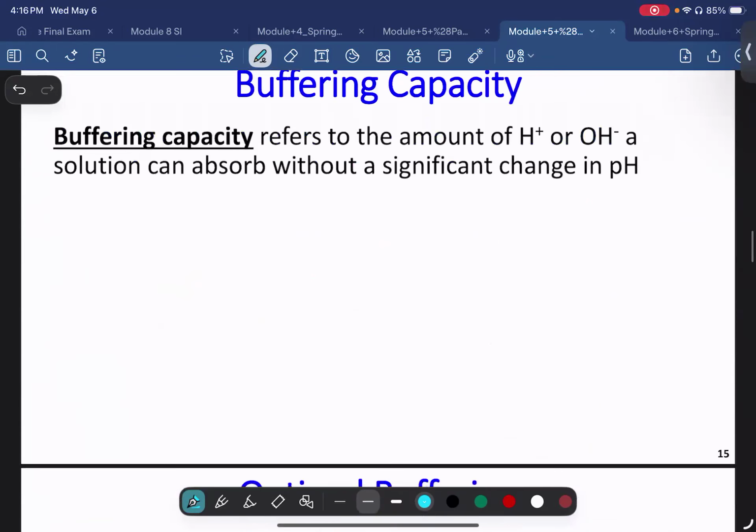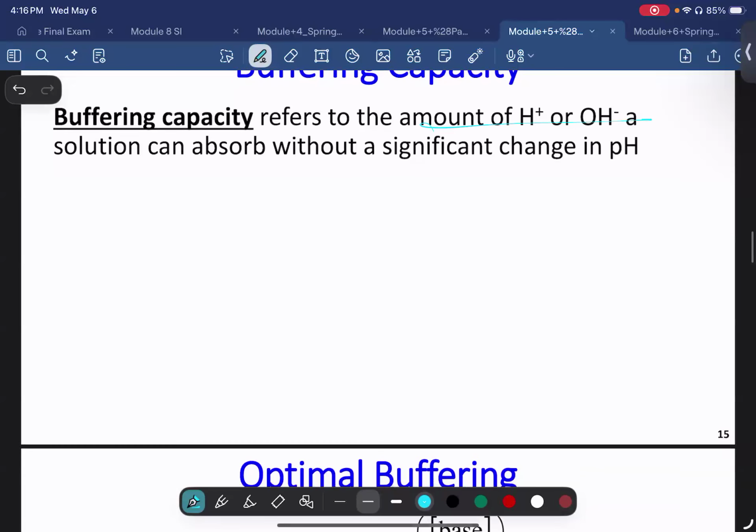So buffer capacity just deals with the amount of H plus and hydroxide that a solution can absorb. The idea with buffer capacity, and this was also a question on your exam, is that you want to have the maximum amount of acid and conjugate base.